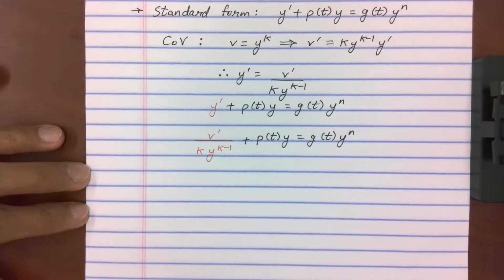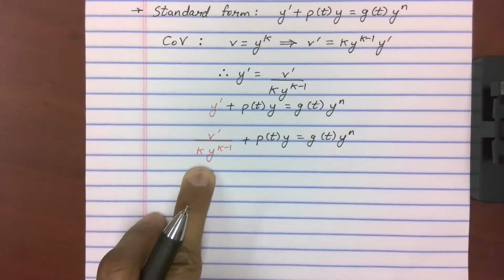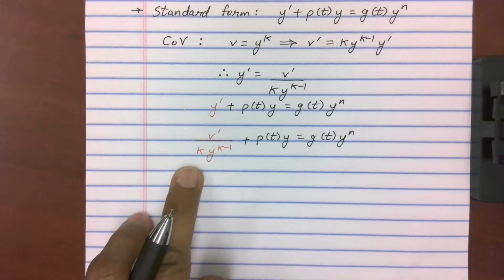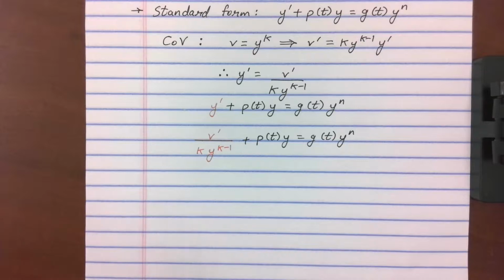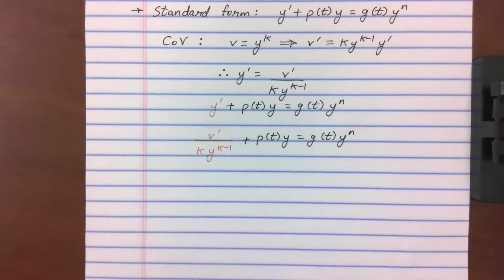At this point, our goal is to eliminate this fraction with v prime. So we want to cancel out the denominator k times y raised to k minus 1, which we can easily do by multiplying everything by the denominator of v prime.